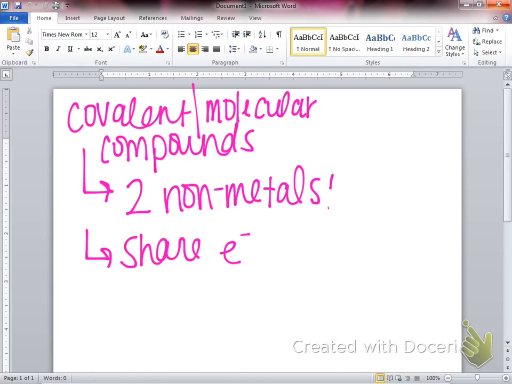There is a table on page 228 that you need to have copied down. Okay, and those prefixes. So 1 has a prefix of mono, 2 has a prefix of di. That whole table with numerical prefixes, you need to have that down in your notes. And you will need to start to memorize those prefixes.